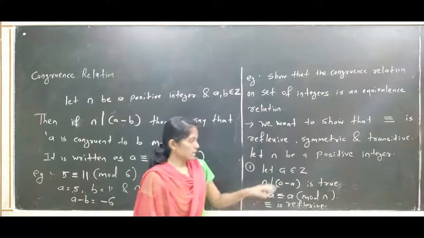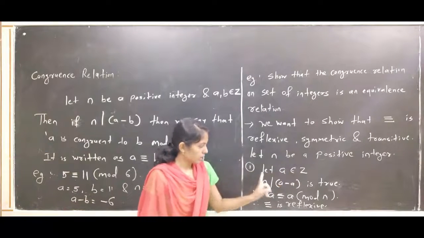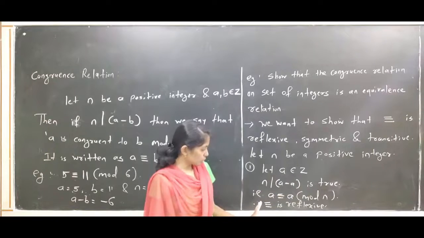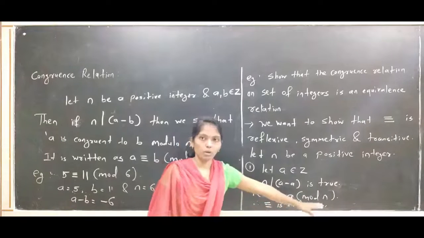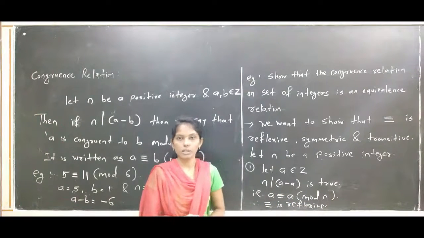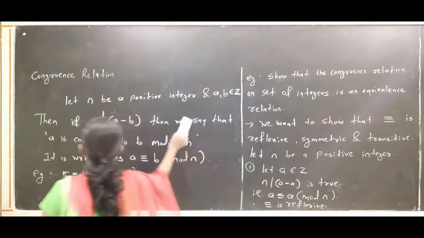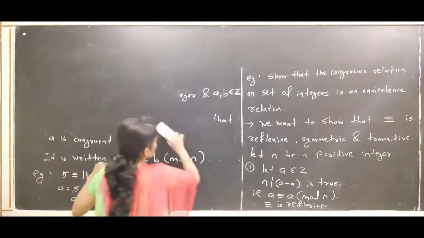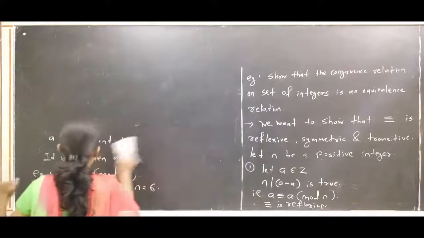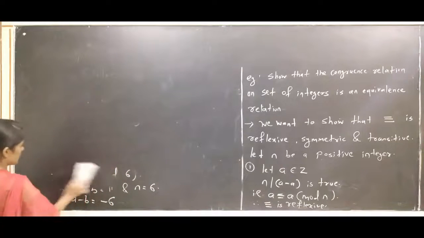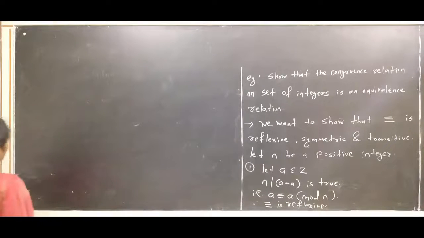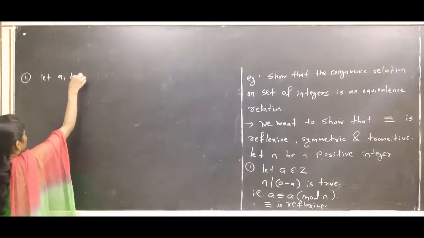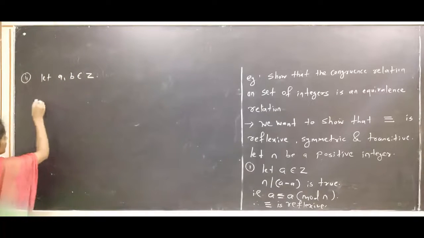So here A is any integer and N divides A minus A, which is always true. So A is congruent to A modulo N. That means here congruence relation is reflexive. Now we want to show that it is symmetric. So for symmetric we take two integers A and B. Let A and B belong to the set of integers.